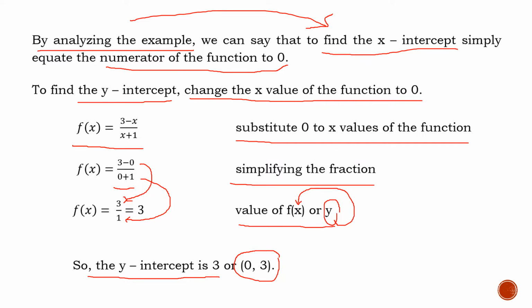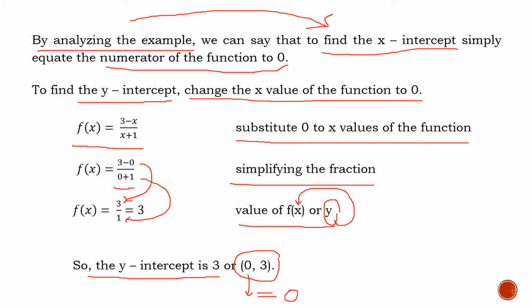Again, if you're asked to find the value of your y-intercept, unlike in your x-intercept, in a point that will represent your y-intercept, your x coordinate must be equal to 0 all the time.